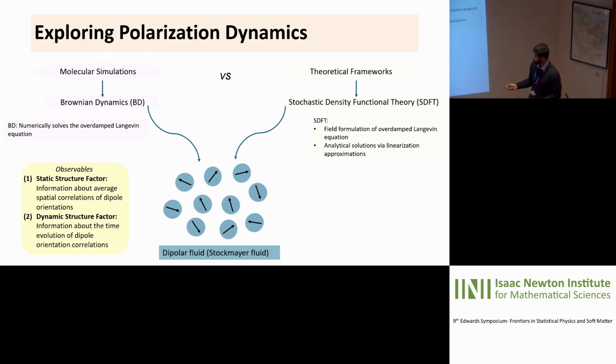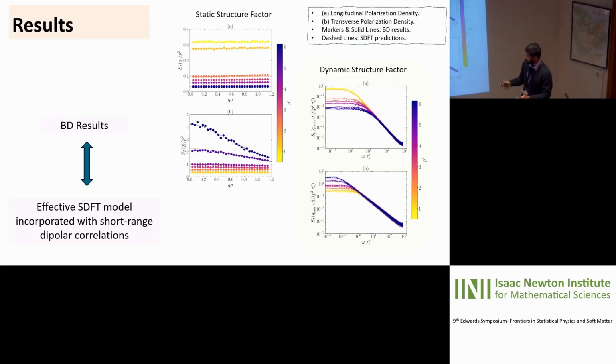Now, some of the results that we got: the dashed lines are the SDFT predictions, and everything else are the Brownian dynamics results, and we did simulations for systems with varying dipolar strength, which is indicated by the color bar. From yellow for the lowest dipolar strength to blue for the highest dipolar strength.